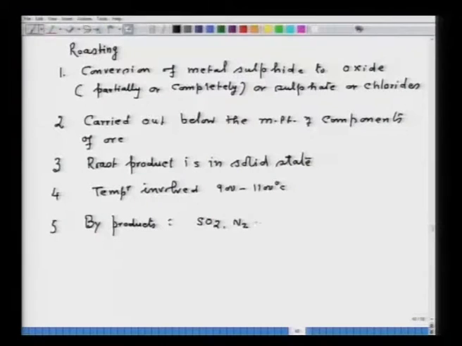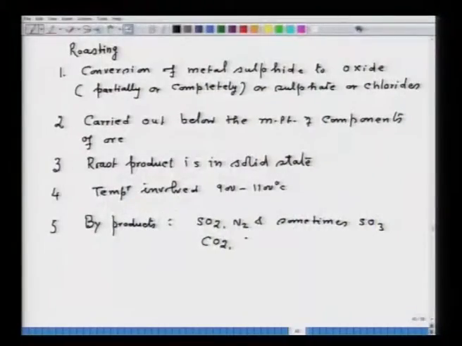So, a large amount of SO2 will be produced, along with nitrogen and sometimes SO3. All these sulfurous gases, SO2 or SO3, can be used to manufacture H2SO4, and if fuel is also used, then you may have carbon dioxide, and CO is also possible here.